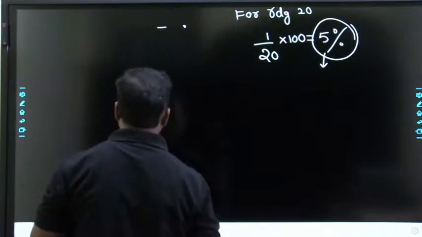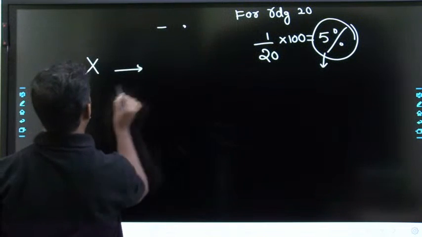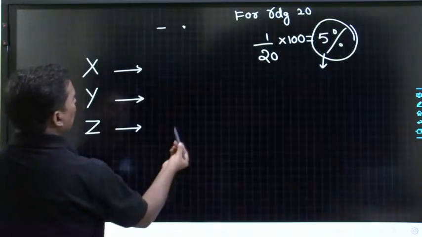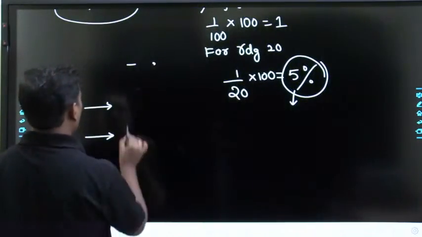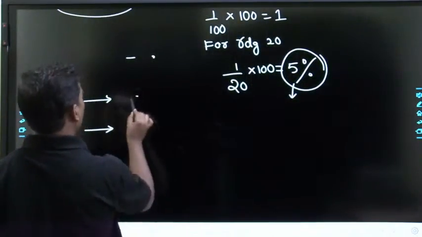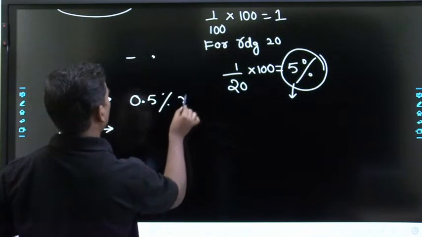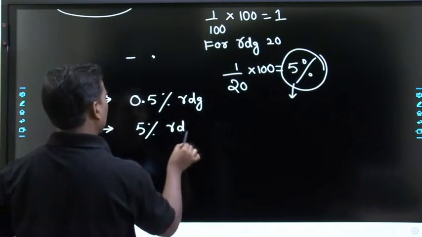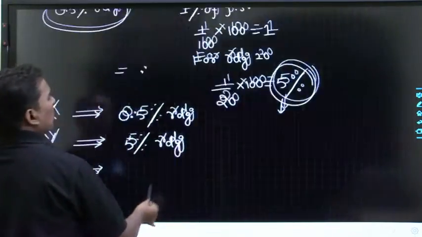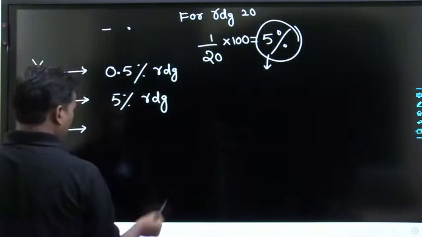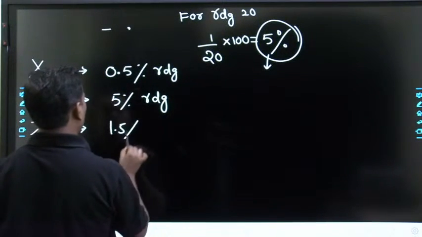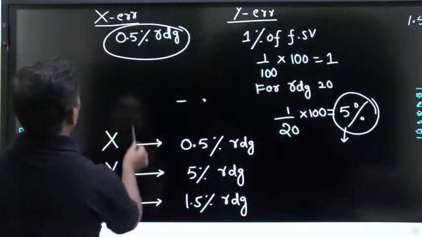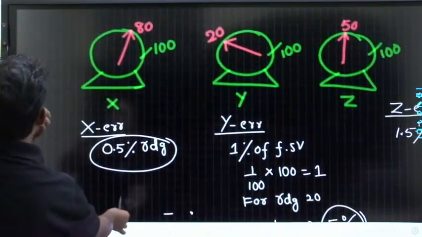So for X we got something, for Y something, for Z something. X is 0.5% of reading, Y is 5% of reading, and the last one is 1.5% of reading. All of you understood, dear students?